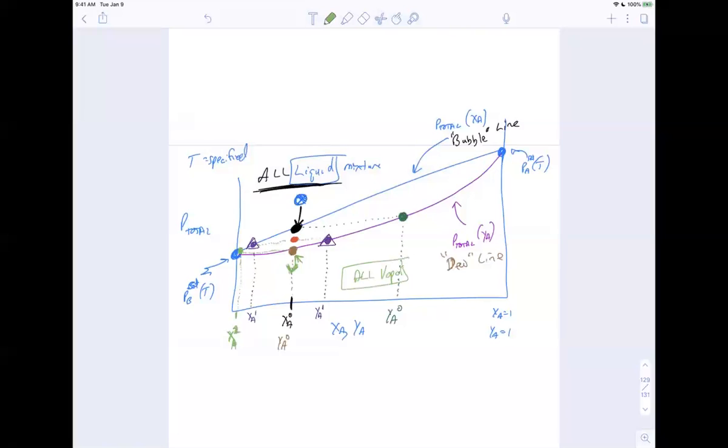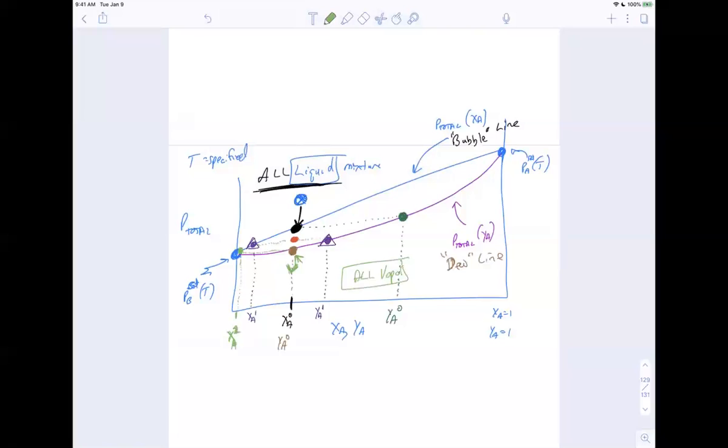Any questions? So this is how we read these binary two phase diagrams. We have to connect the compositions. We know we have two species and we have two phases, and we're interested in the composition, because if you're making something, you want to know the composition.